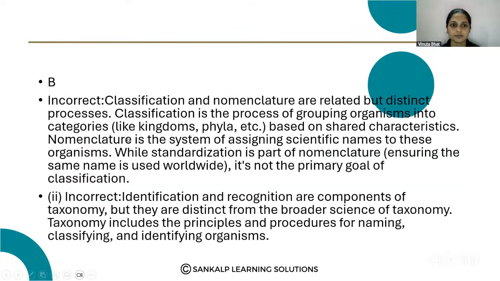Here, you can find the second one is also an incorrect statement. Identification and recognition are components of taxonomy. So what are the components of taxonomy? Mainly identification and recognition. So what is given in that sentence?